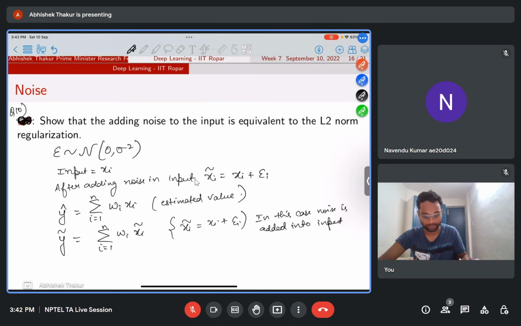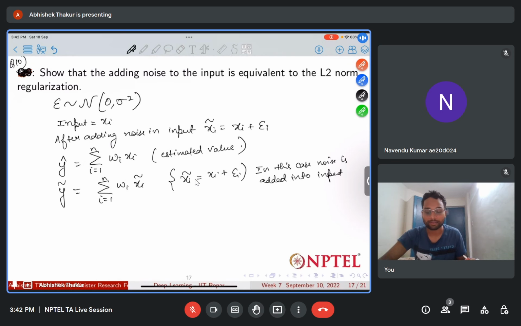And so it will reflect in output y as well. Okay. So this will be given as the summation from i equal to 1 to n of wi xi, because xi tilde is xi plus ei, plus the summation from i equal to 1 to n of wi ei. This is our y tilde.